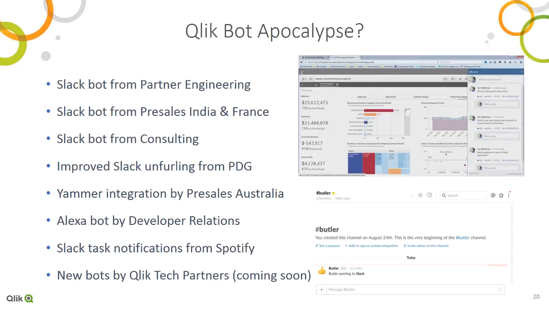So these are some of the examples here, and it's not just inside of Telegram. As you can see, there are some for Slack, some for Yammer or Alexa, and they all have very different purposes too. Some are more focused around annotation and discussion, some are more around administration, restarting tasks and things like that. So it's not just for end business users to get their KPIs, it's also for IT to be able to administer their Qlik Enterprise environment.